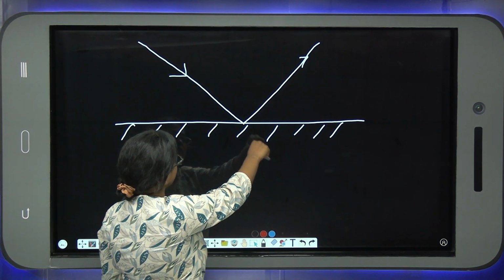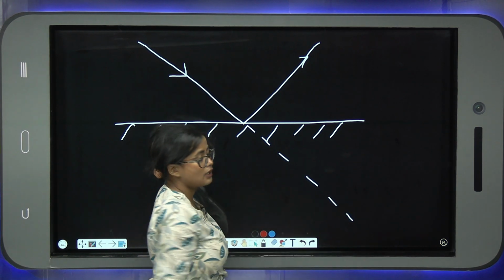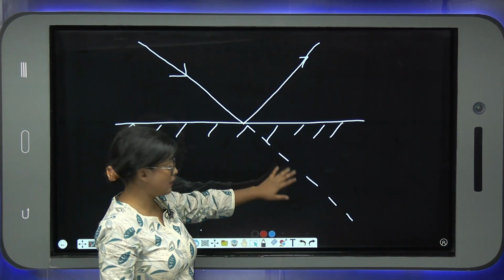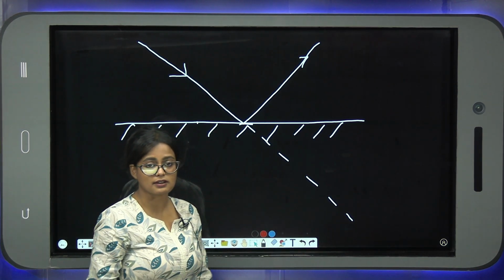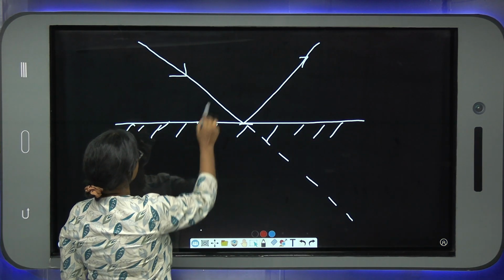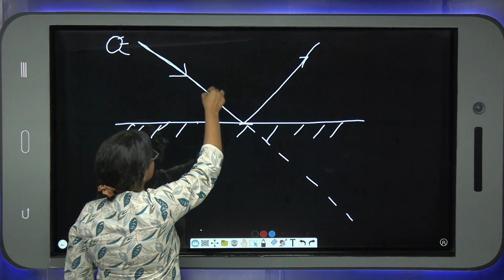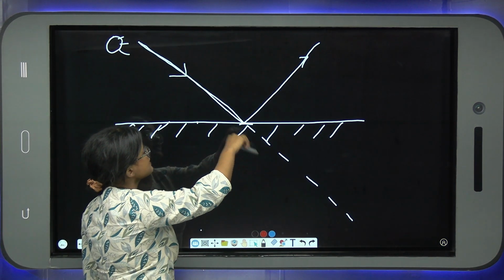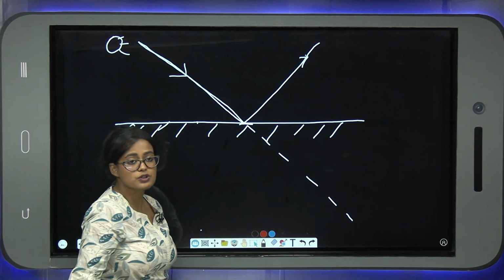The ray of light will travel straight through this path. It would have traveled through that path if the surface wasn't present here. But in the presence of a reflecting surface, this is the source of light. Due to the presence of this reflecting surface, light reflects at this point and is bounced off.